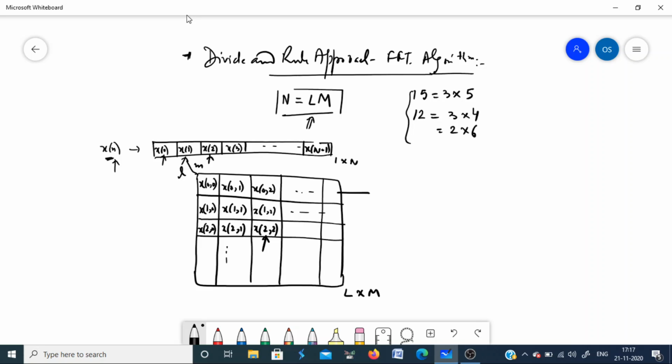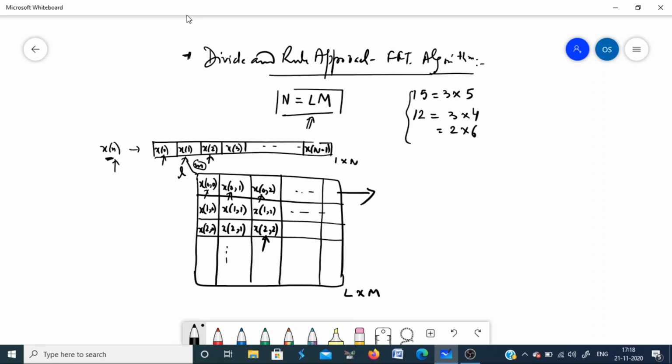So if you see in the first row, l remains fixed, it is 0, and the column variable m will go from 0 to M minus 1, because you have M columns.